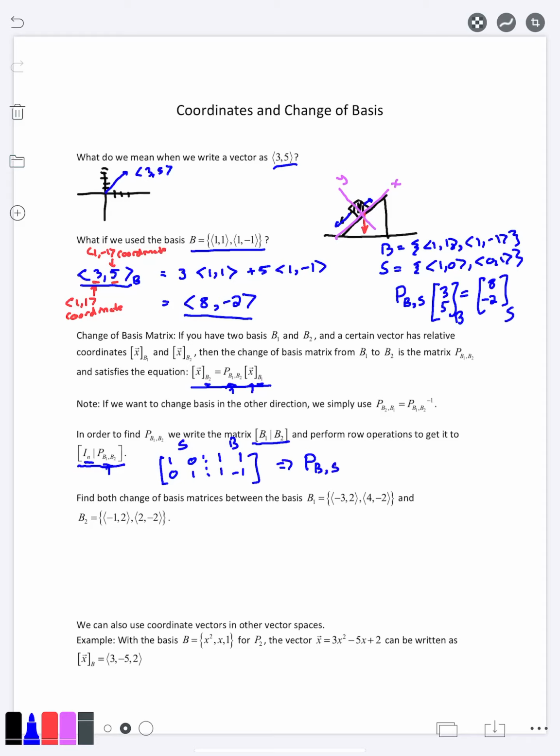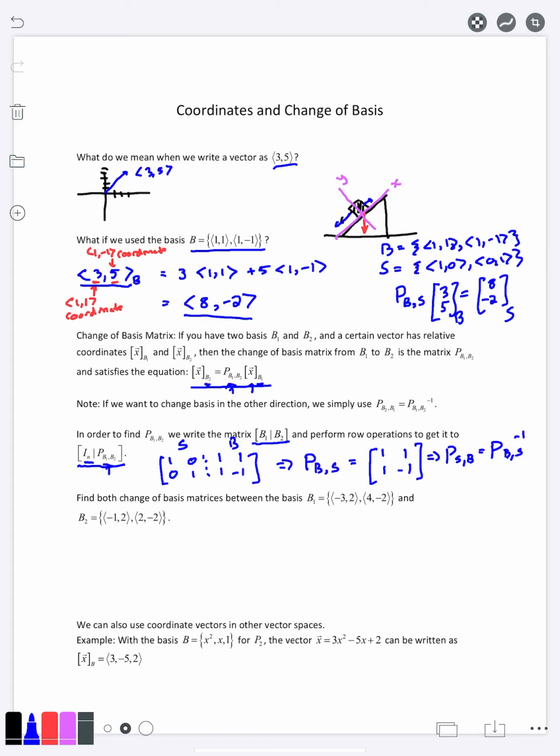It always kind of goes in reverse there, B to S. Sorry, yeah, it is going to be exactly (1, 1), (1, -1). So that means if you're currently in basis B and you want to get into the standard basis, you're going to do this. And it turns out if you wanted to go from standard into the basis B, you would, sorry, not the inverse there, you would just take the inverse of the one you already had, and that would give you the other direction coordinate change.